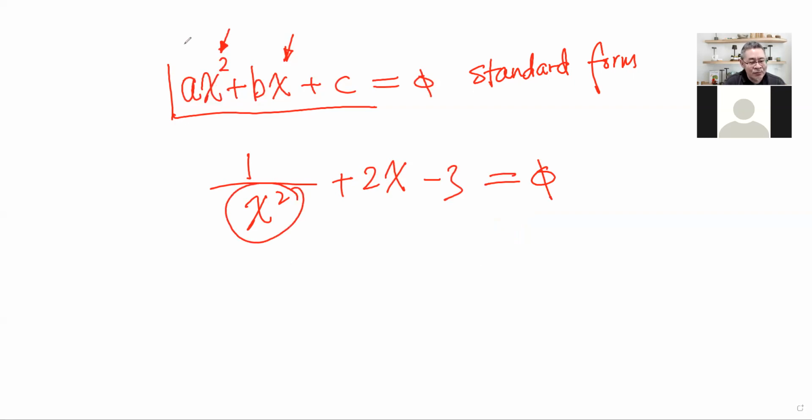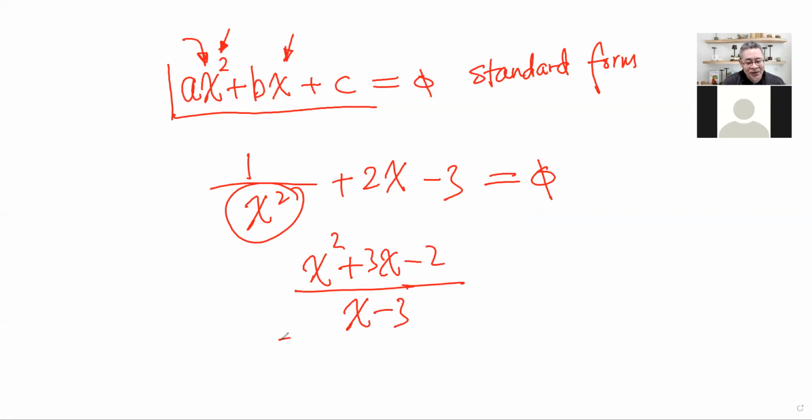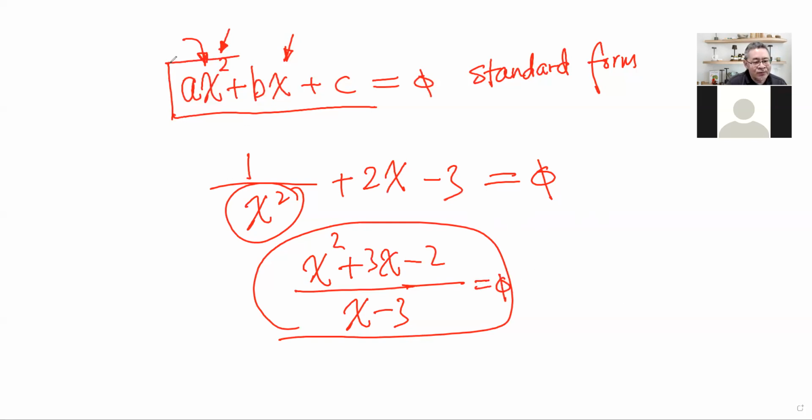Or we could have something like, say, x squared plus 3x minus 2, but divided by x minus 3, then this is not a quadratic equation. Good? So a quadratic equation has to fit into this template.